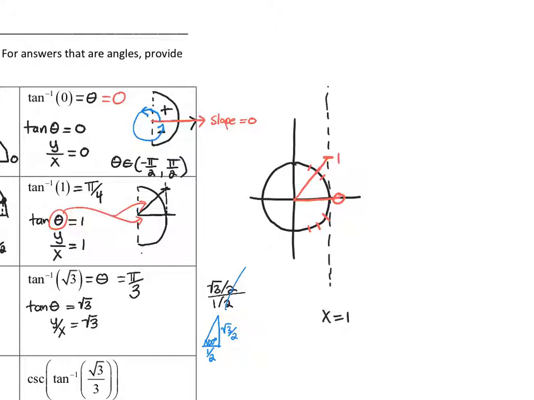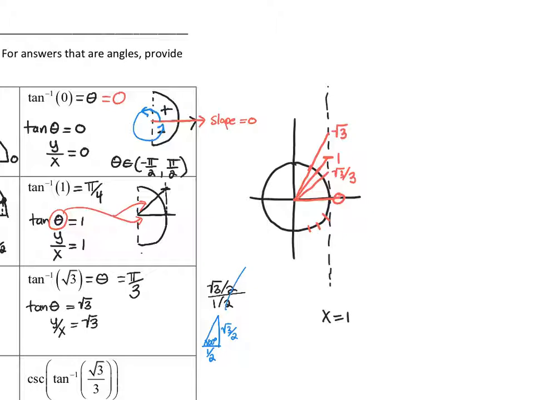The reason I'm extending it all the way onto the line x equals 1 has to do with similar triangles. We've talked about this before. If I extend this ray up, in fact, I'll just go ahead and extend both of the rays. This one has to be root 3 because it's bigger than the other one, which is root 3 over 3.